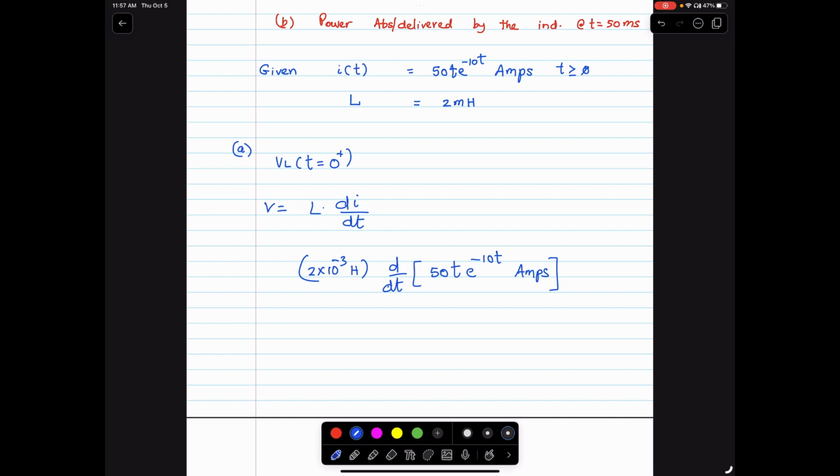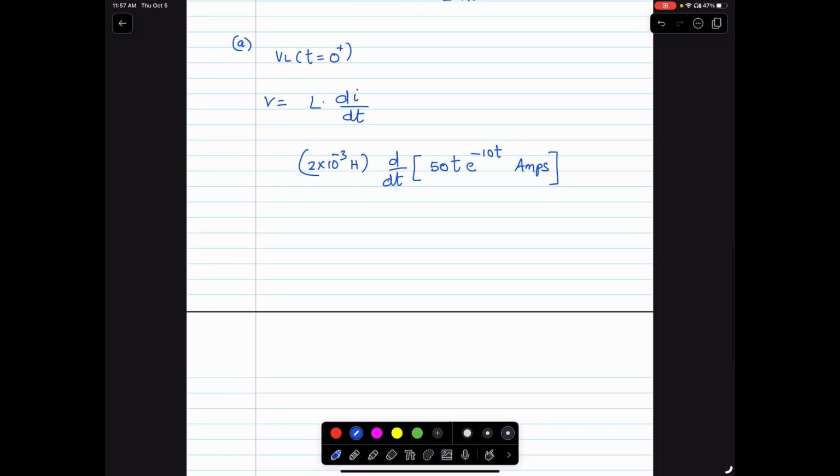Now it's a matter of just doing the derivative. We have a composite function here, so we have to apply the chain rule. The rest is all constants. So I'm going to leave 2 times 10 to the negative 3 henry as is, and factor out 50 because it is a constant.